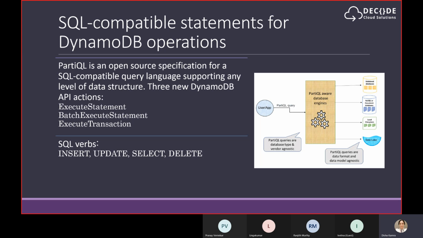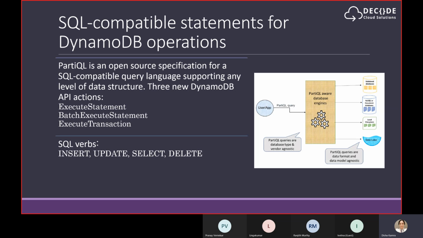So you can build a PartiQL statement which you then provide to DynamoDB using the ExecuteStatement API, and that will run the particular query you are looking for. If you want to batch those queries, you can use the BatchExecuteStatement API action, which I have mentioned in this slide.